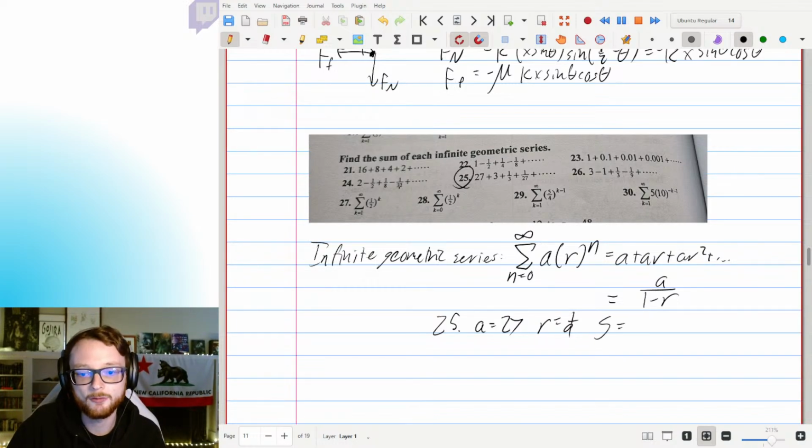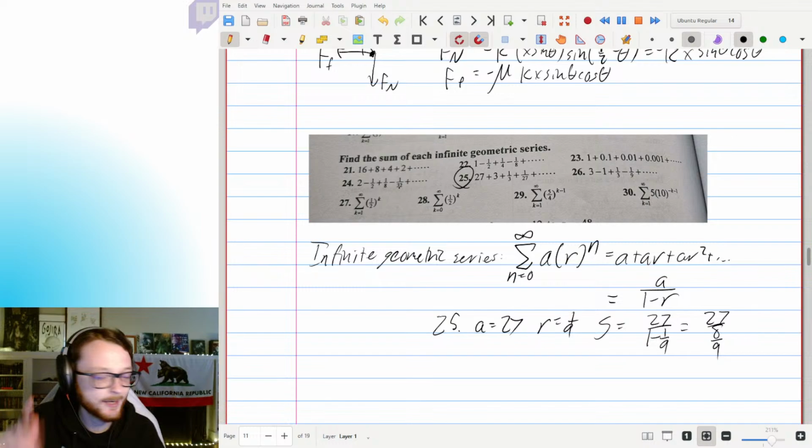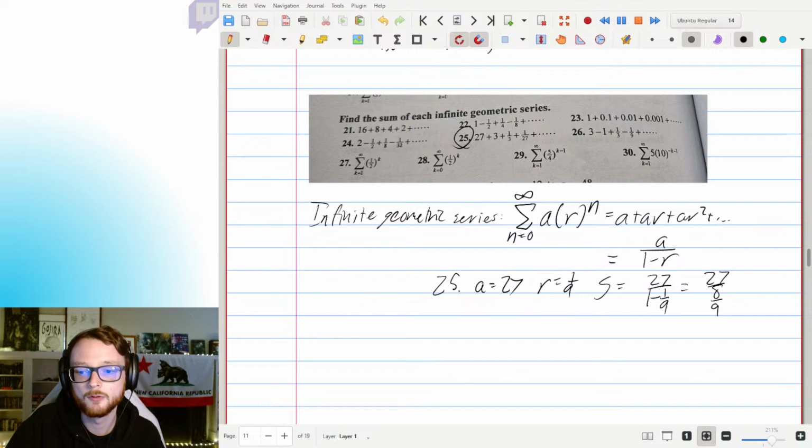The sum S is equal to 27 over 1 minus 1 over 9. Now I simplify it. 1 minus 1 over 9 is 8 over 9. And now with a fraction of a fraction, I'm going to take the bottom, flip it, and multiply it. So 27 times 9 over 8 now.